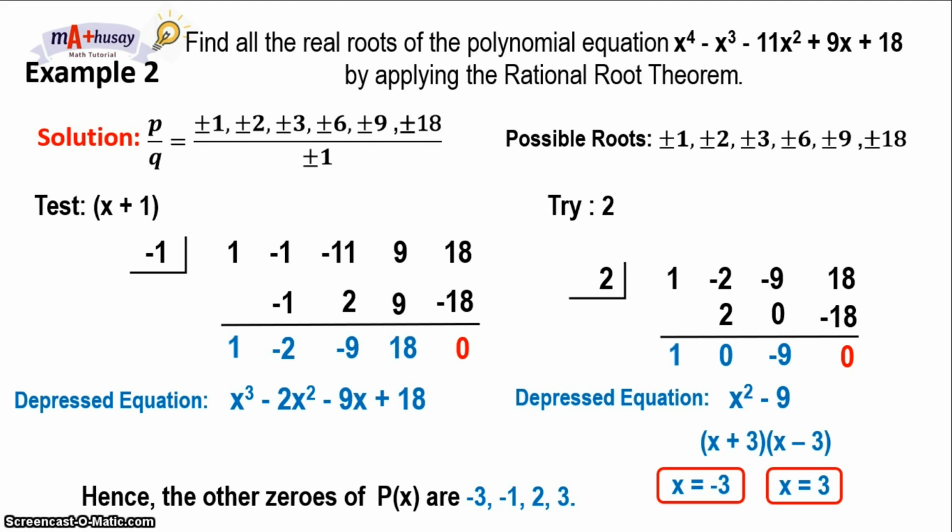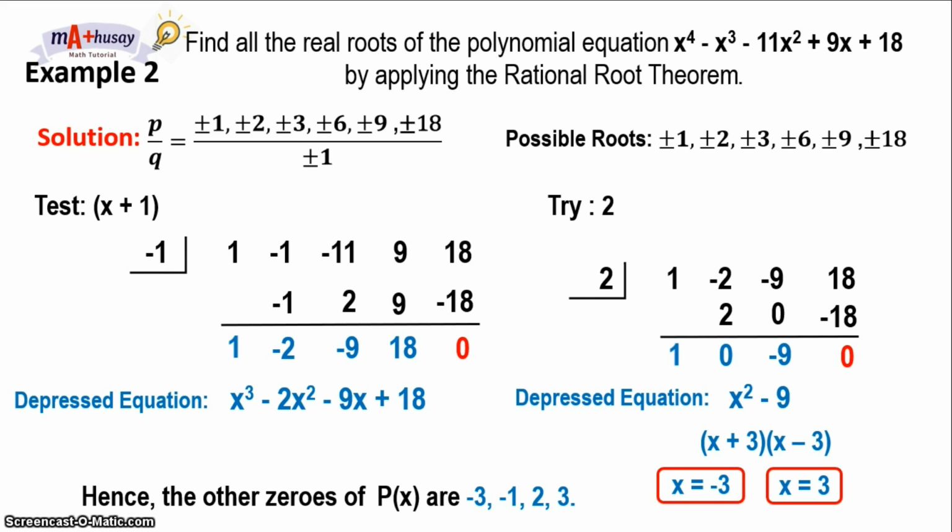So in this case, we used synthetic division twice. So it's important that when you use the rational root theorem, you have to identify the a sub 0, the constant, and the numerical coefficient of the leading term, and then list down all its factors, and then divide p by q. So you have your possible roots.